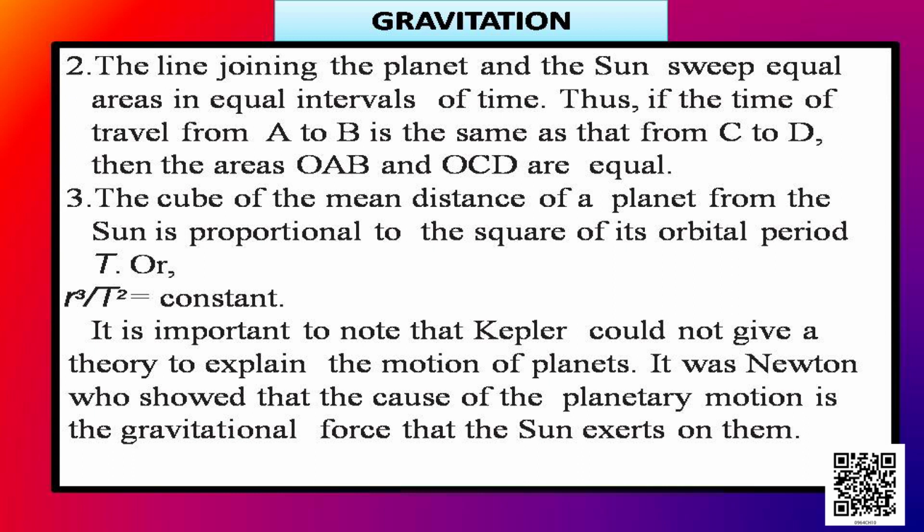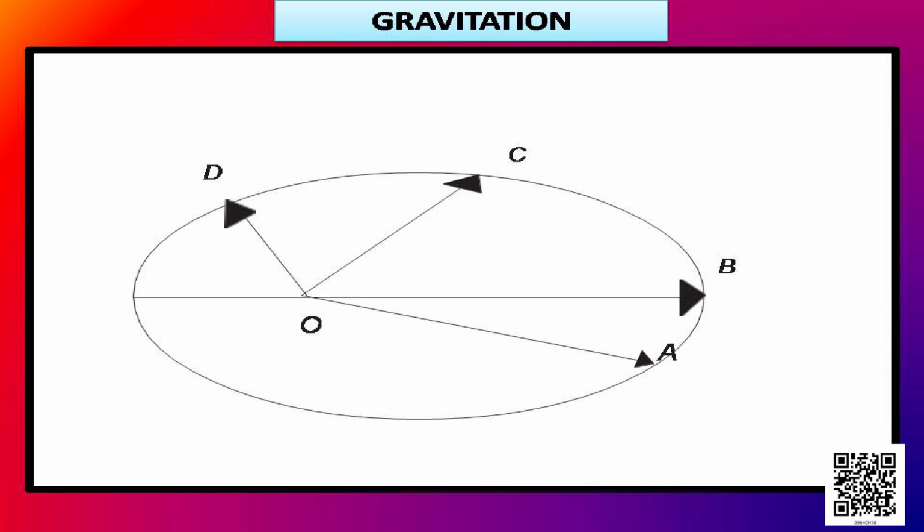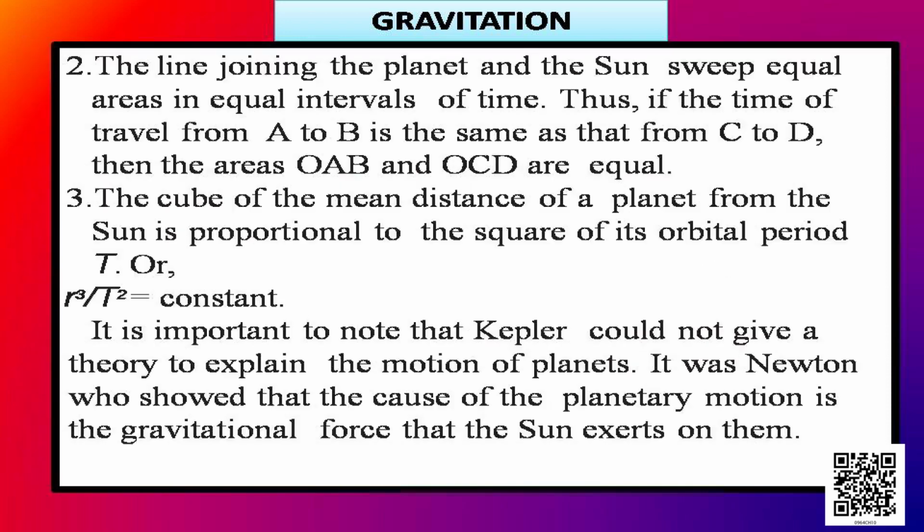Thus, if the time interval from A to B is the same as that from C to D, then the areas OAB and OCD are equal. The cube of the mean distance of a planet from the sun is proportional to the square of its orbital period T, or r cube divided by T square is equal to constant.